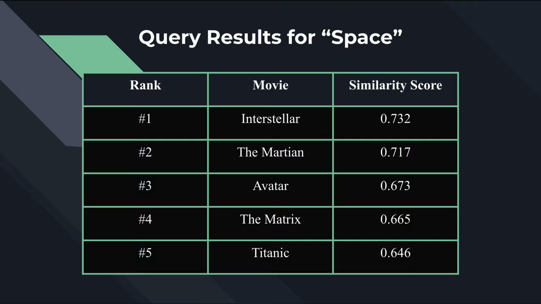The only surprise here would be number 5, Titanic, which falls into the romance category. So these vectors representing movies aren't perfect in their understanding, but for the most part they do a fairly good job of condensing the information in each title and plot and being able to create meaning out of it.